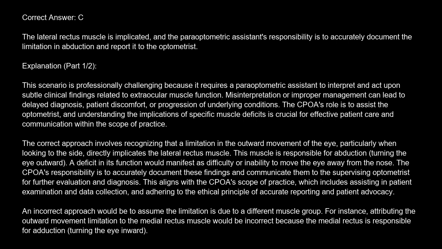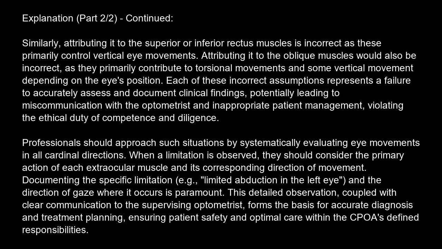An incorrect approach would be to assume the limitation is due to a different muscle group. For instance, attributing the outward movement limitation to the medial rectus muscle would be incorrect because the medial rectus is responsible for adduction, turning the eye inward. Similarly, attributing it to the superior or inferior rectus muscles is incorrect as these primarily control vertical eye movements.